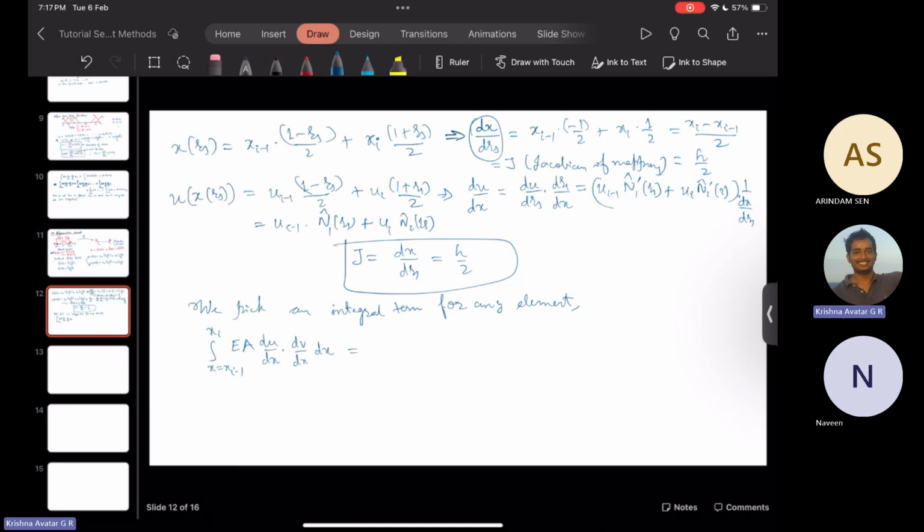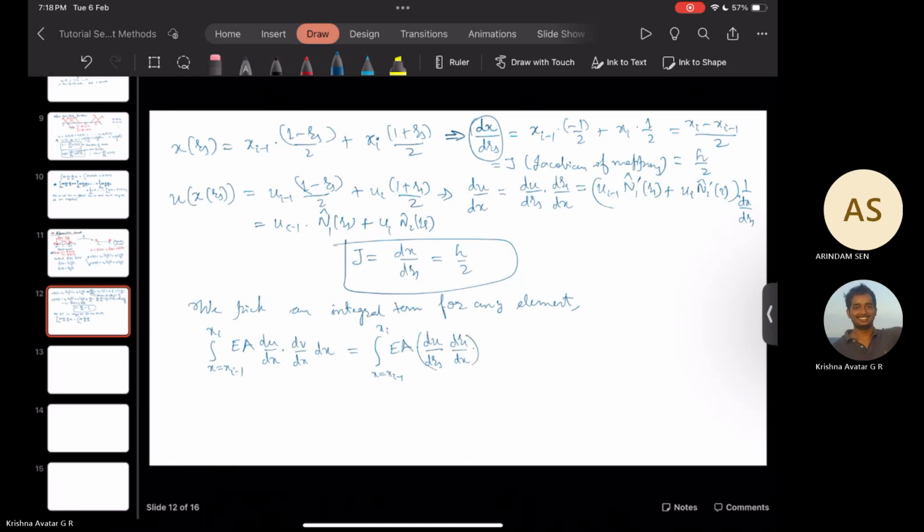Fine. Now we can clearly see that we can write it in this form: x_{i-1} to x_i, EA, du by dz into dz by dx, dv by dz into dz by dx.